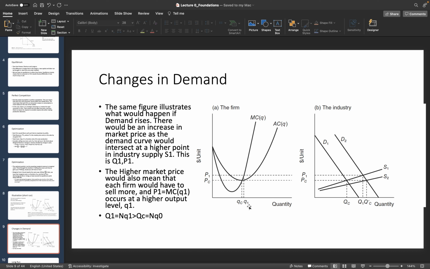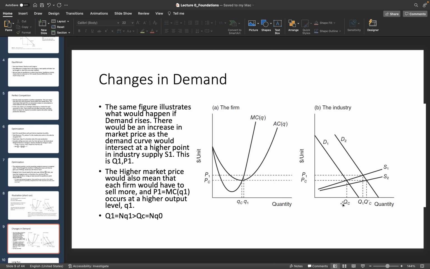Big Q1 is just n times small q1, which is greater than QC, which is n times q0. So this is basically the same thing we've learned in basic econ. If the market demand shifts to the right, then the equilibrium market price will go up and the equilibrium quantities will also go up. And that is just reflected here at the firm level. That's the purpose of the left-hand side picture here.